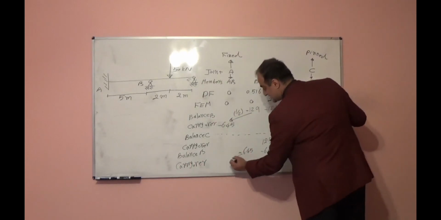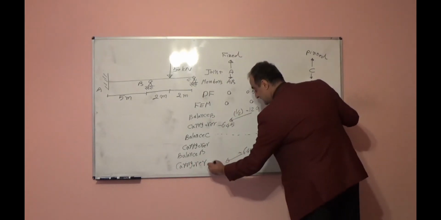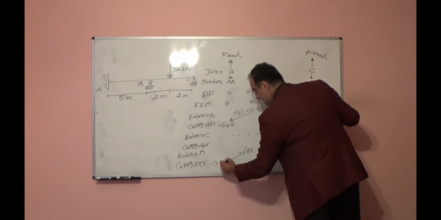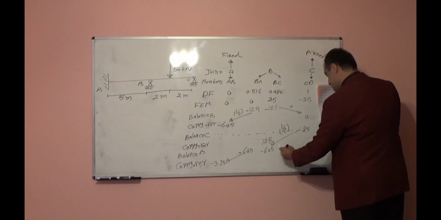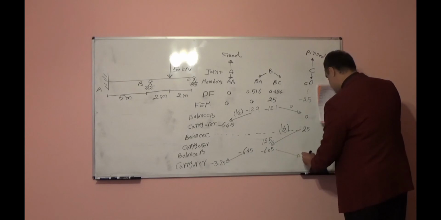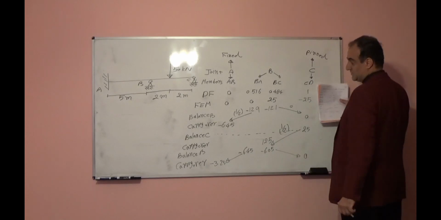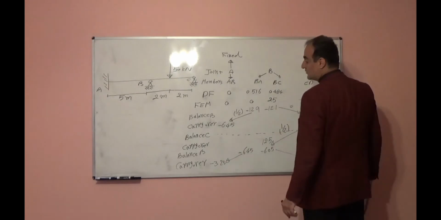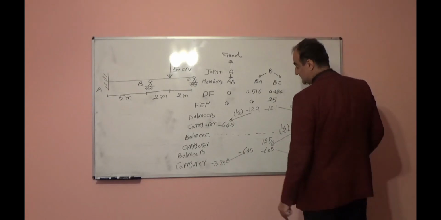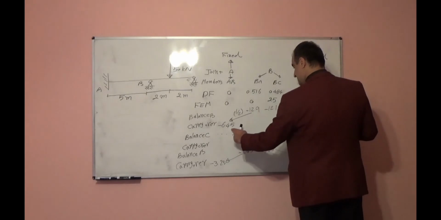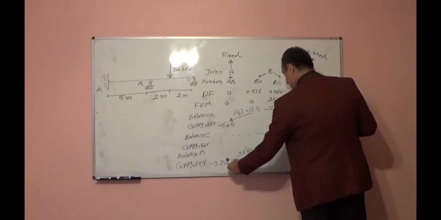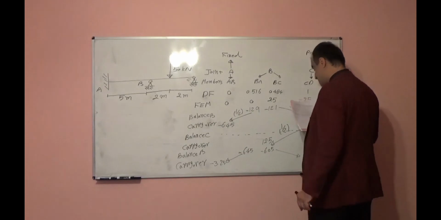Half will transfer here, will be negative 3.23. The carryover factor to this side is multiplied to the 0, so it will get 0. Now we will add all these moments. You see what is the moment here. We have 0, we have negative 6.45, negative 3.23.